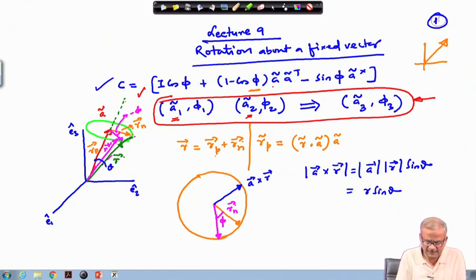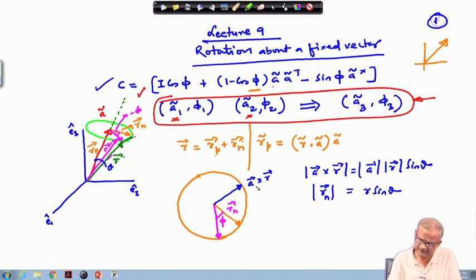So r sin theta is nothing but the projection of this r vector along this direction, that is the magnitude of the r n vector. So the magnitude of a cross r remains equal to the magnitude of r n, therefore it lies on this circle.